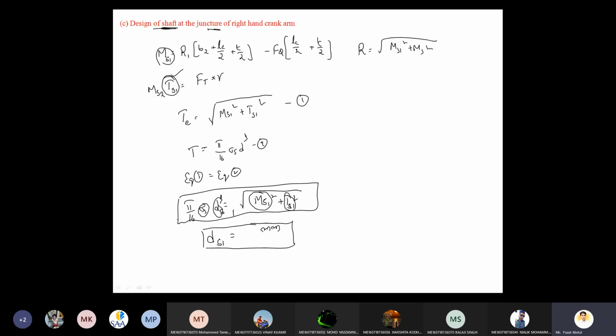Because in the examination, particularly for design of IC engine parts, the derivation is not going to be asked. The question paper only asks to solve numericals, not derivations. Remember this point.